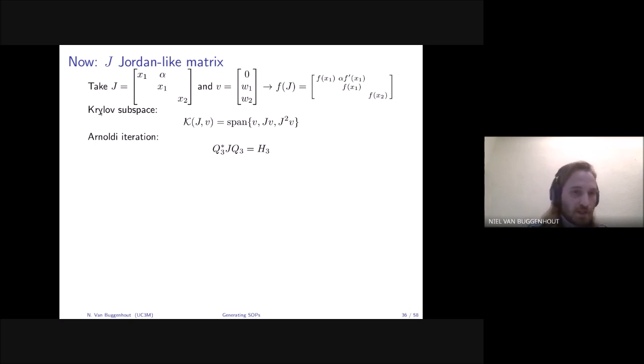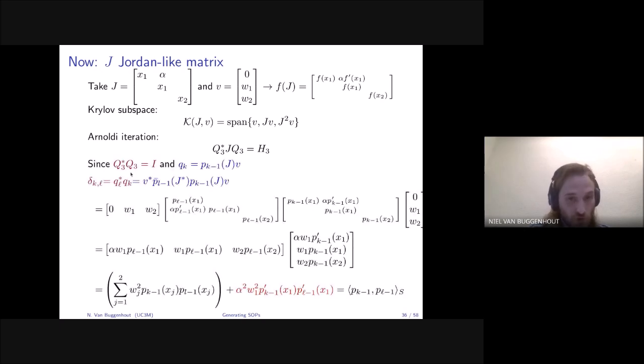So if we then take a Krylov subspace, but now apply the Arnoldi iteration, we can show that the Euclidean inner product, so Q_L star Q_K, can be rewritten as this blue part.